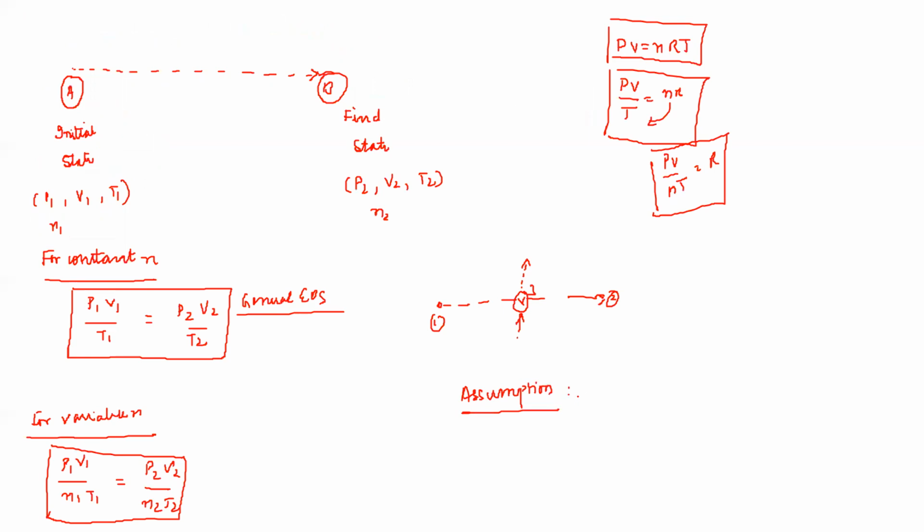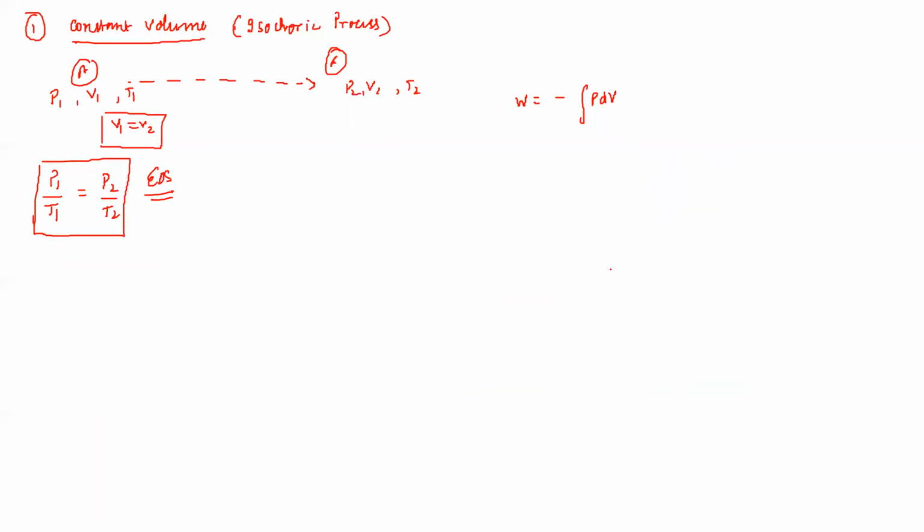So one of our assumptions is going to be no external work done. So internal work done is going to be minus integral PdV. That is your work done, right?